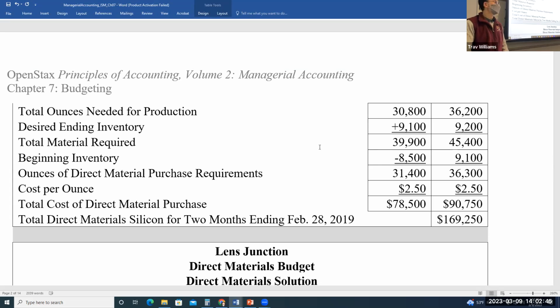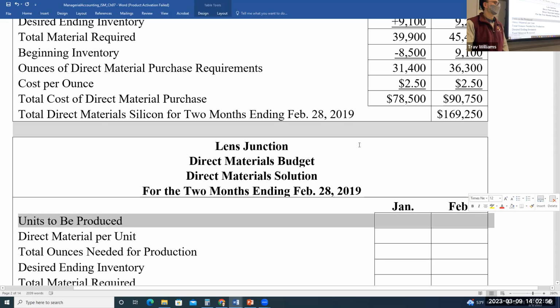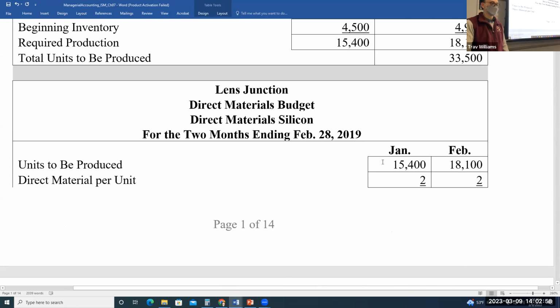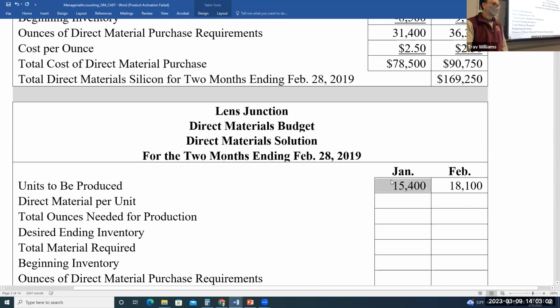All right, well then let's move on to our second materials budget. Same concept, just the numbers are a little bit different. So units to be produced, is that going to be the same for our finished goods? Yes. You can just borrow that from up here. Direct material per unit.